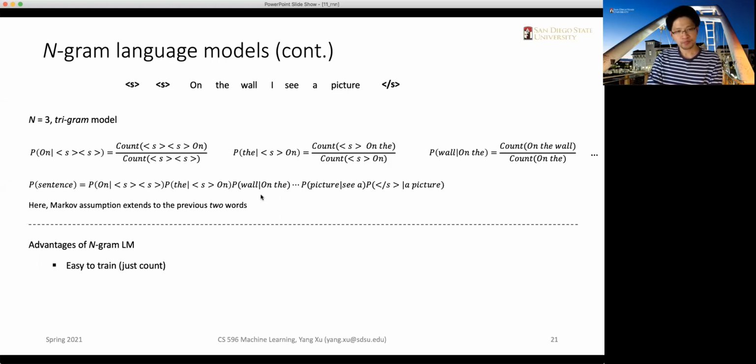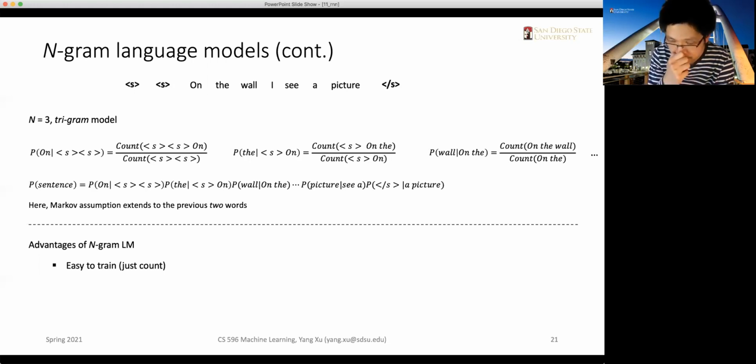So the advantage of an n-gram language model is that it's easy to train. It's faster to train on a data set because there's no forward pass or backpropagation involved.